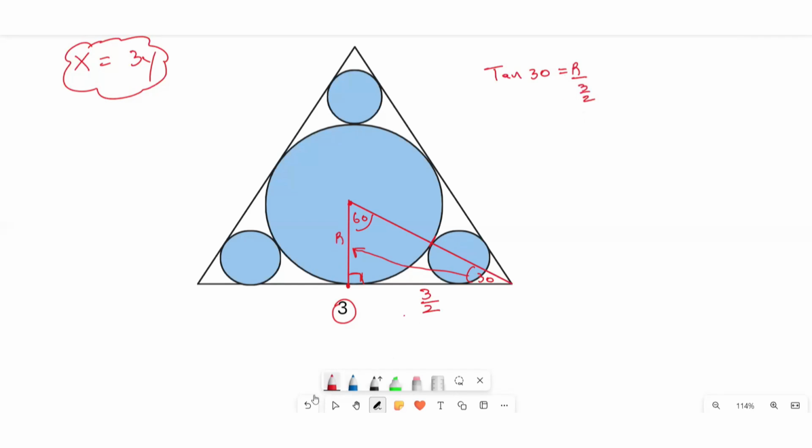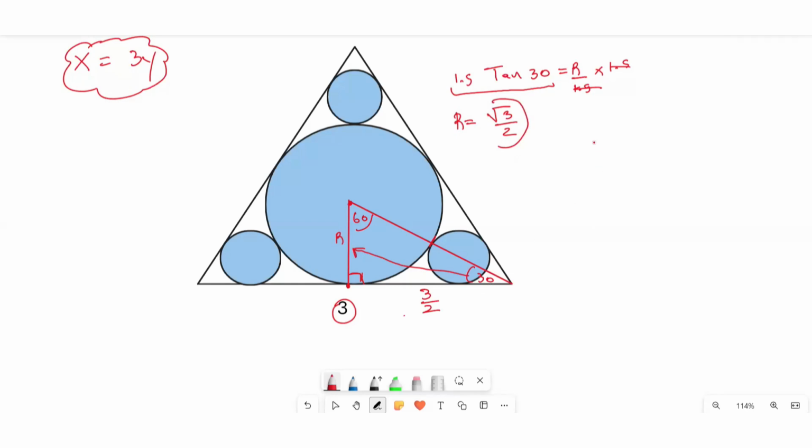That's basically 1.5 if you want to put it like that. So it's actually R over 1.5. If we multiply both sides by 1.5, then 1.5 times tangent 30 will give us root 3 over 2.